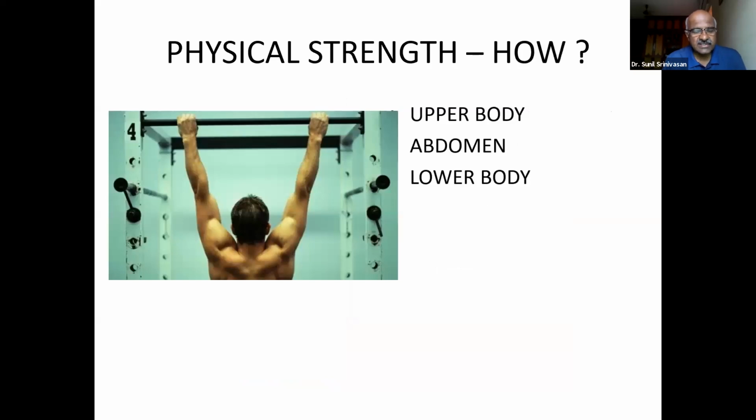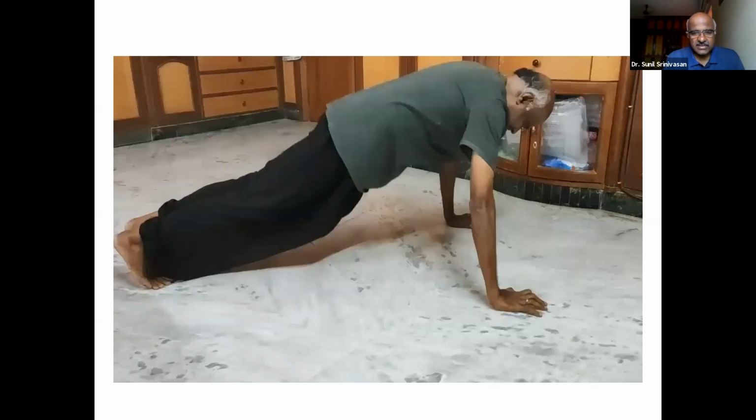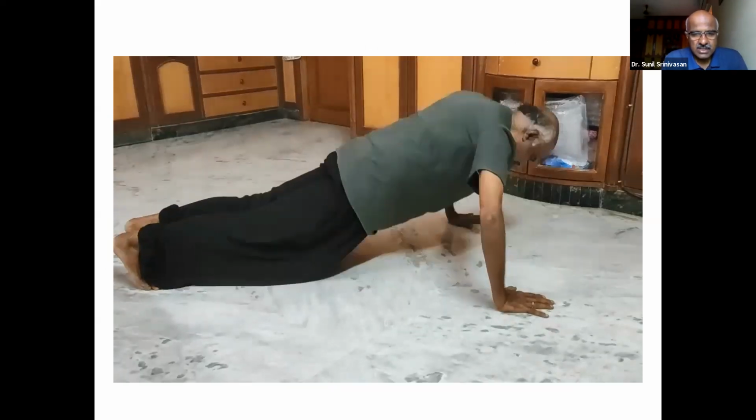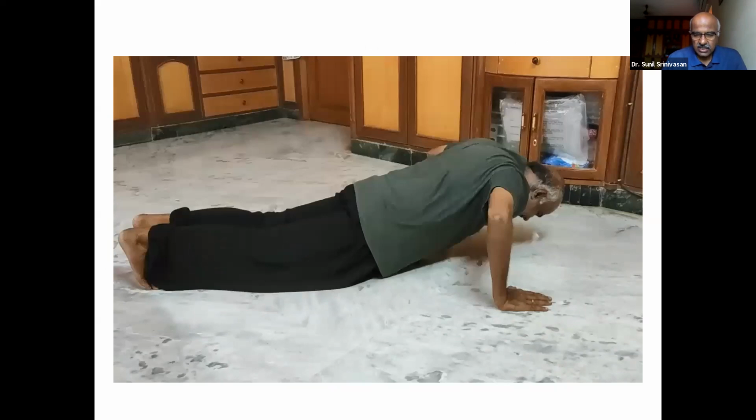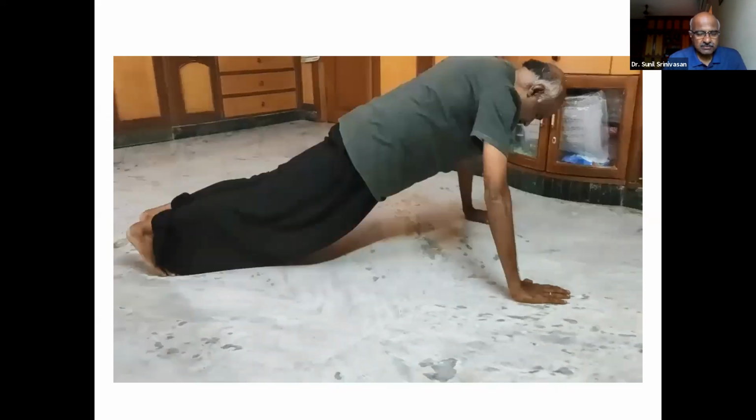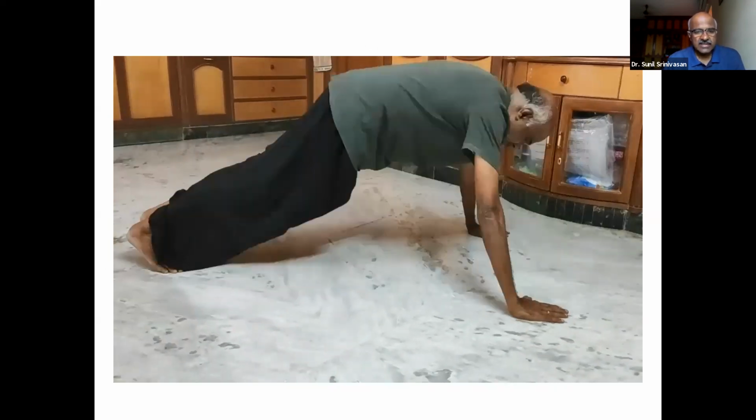How do you assess physical strength? You have 3 areas: upper body, abdomen, and lower body. I'm just going to show a small video on how to assess physical strength. For the upper body, you do push-ups and count the number you do. For the abdomen, you do crunches.